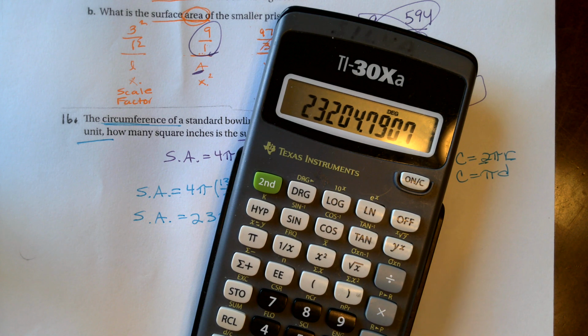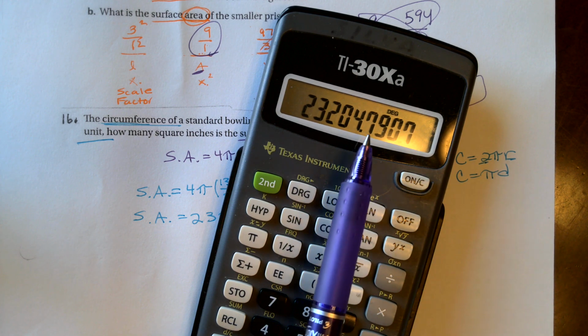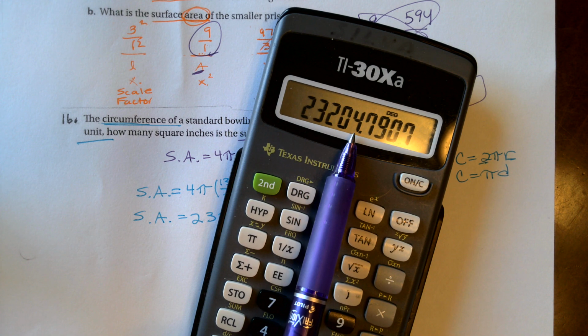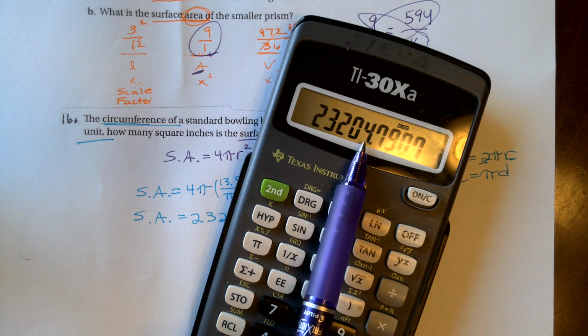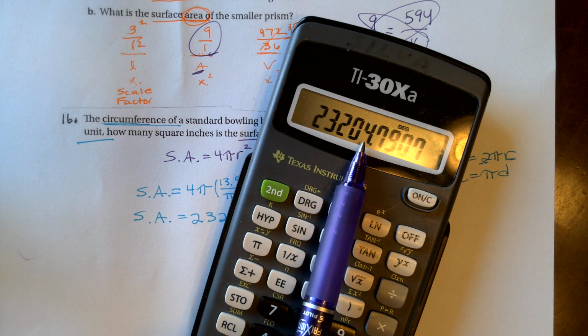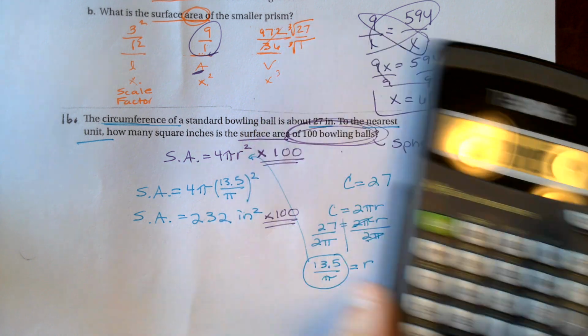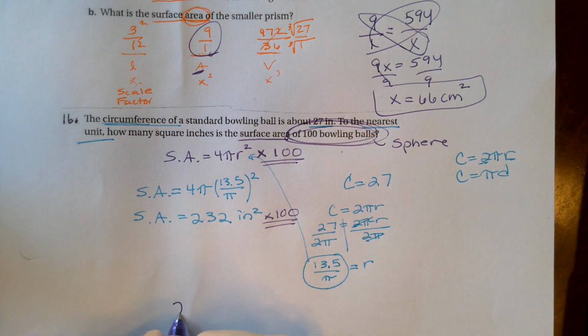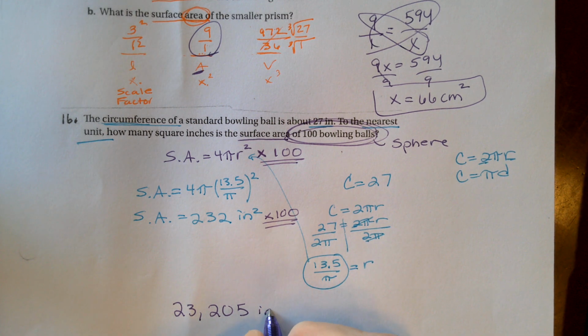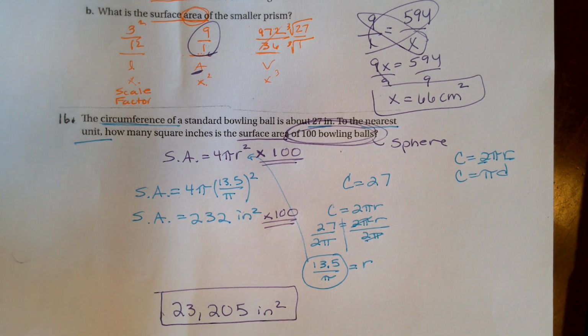And then round to the nearest whole, which is this value right here. So I'm looking at the 7, I'm saying round up to the 5. So 23,205 inches squared. Okay?